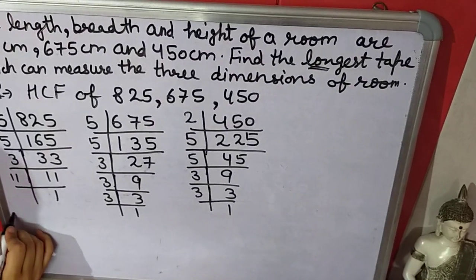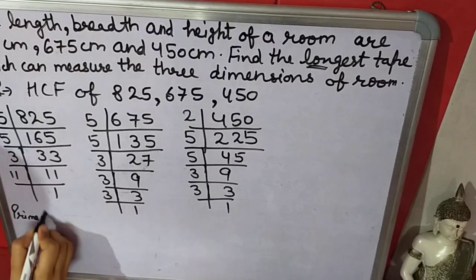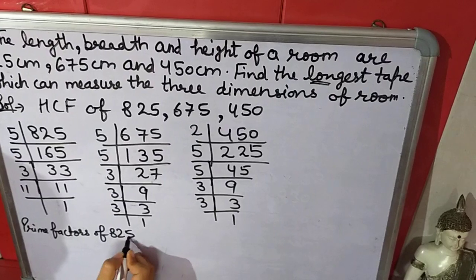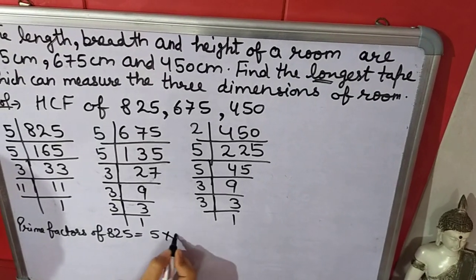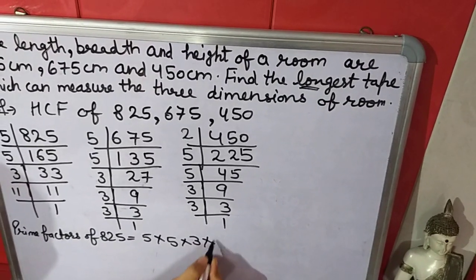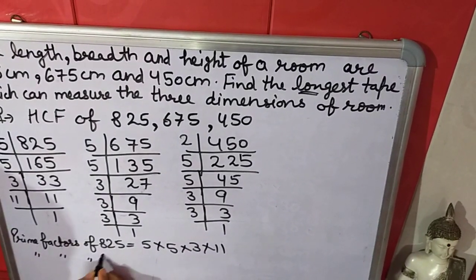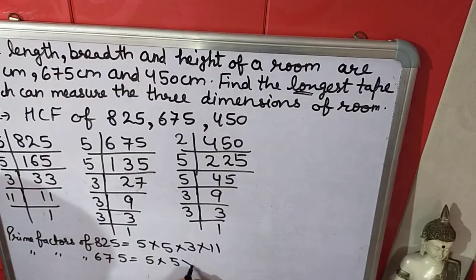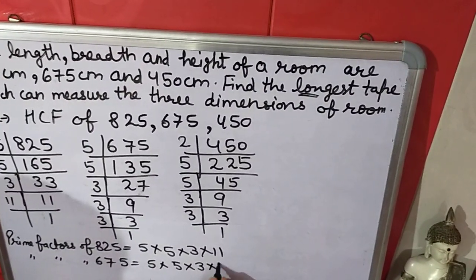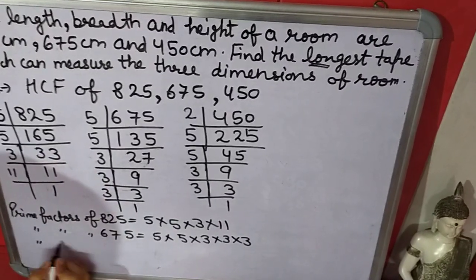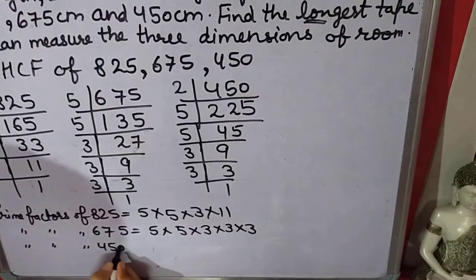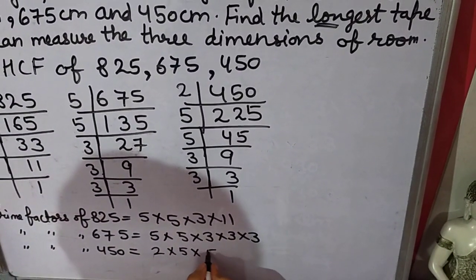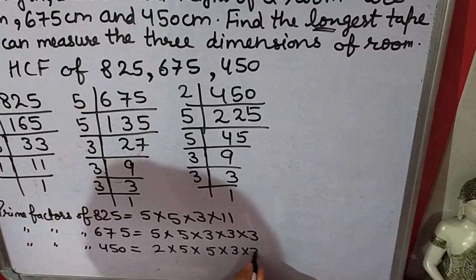Now here we will write prime factors of 825 will be 5, 5, 3, 11. Prime factors of 675: 5, 5, 3, 3, 3. Prime factors of 450: 2, 5, 5, 3, 3.